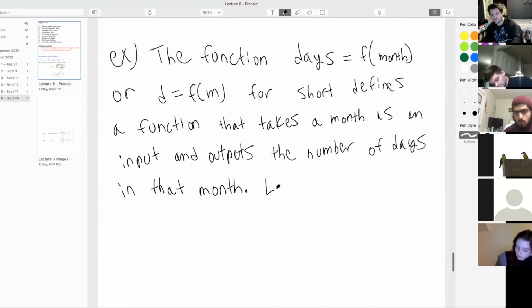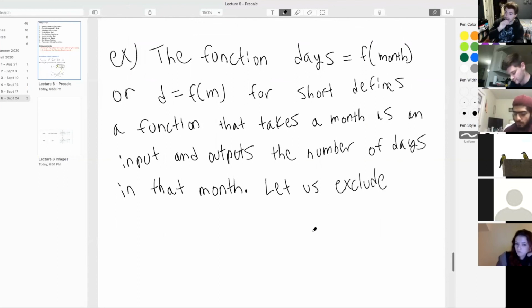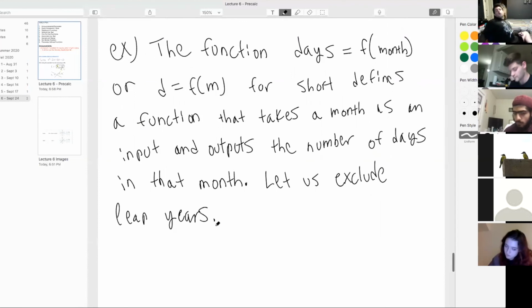We're going to exclude leap years. Maybe someone can answer me why we want to exclude leap years in this discussion. I've just defined a function f. It takes an input, a month, and its output will be the number of days in that month.